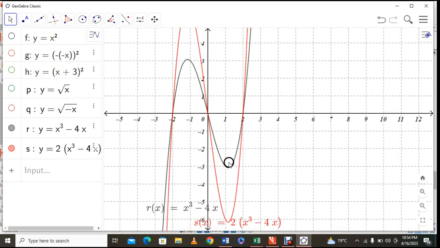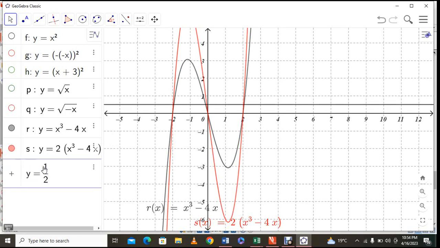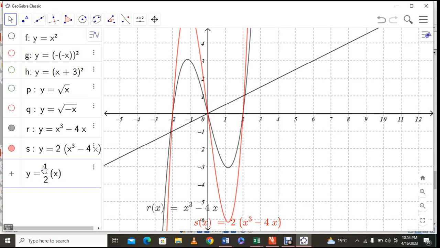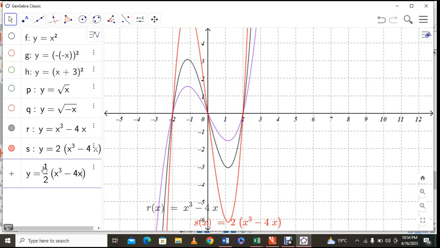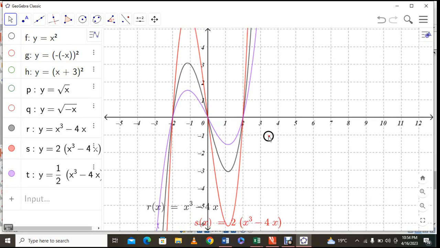Now the compression. So we're going to have y equals, let's put a fraction 1/2 in brackets, x cubed and minus 4x. Let's be careful when you use this type of software that you understand it. Maybe you will also see how I use it as I go along. Can you see that purplish thing that I said?